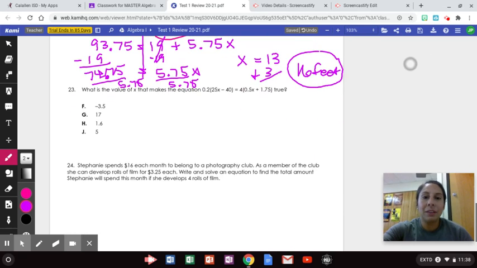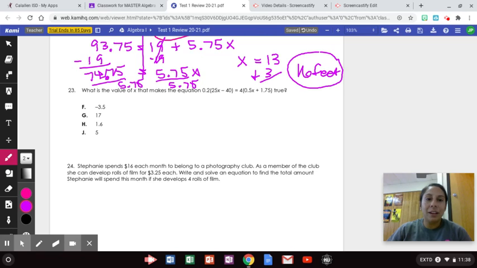Problem 23. What is the value of x that makes the equation true? For this problem, we're going to use the distributive property. So 0.2 times 25x is going to give you 5x. 0.2 times minus 40 is minus 8 equals, now we have to distribute the 4.